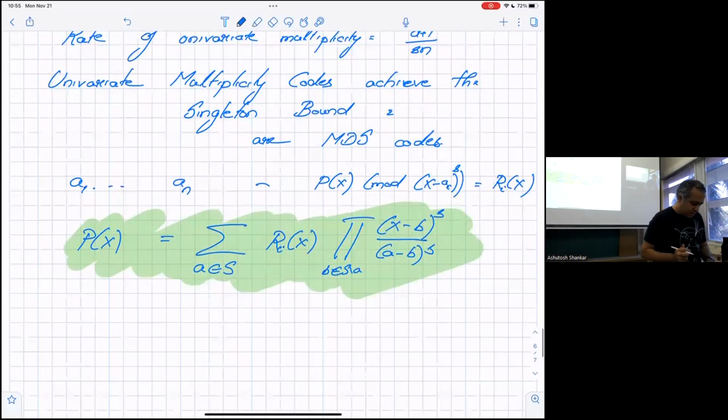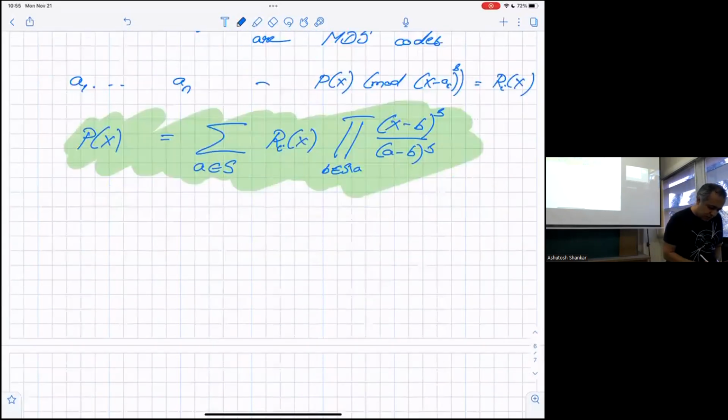So now let's get on to the next question. Now that we have a fantastic code like the Reed-Solomon code, which can quantitatively achieve the distance, the question is: can we also get efficient decoding algorithms for it?